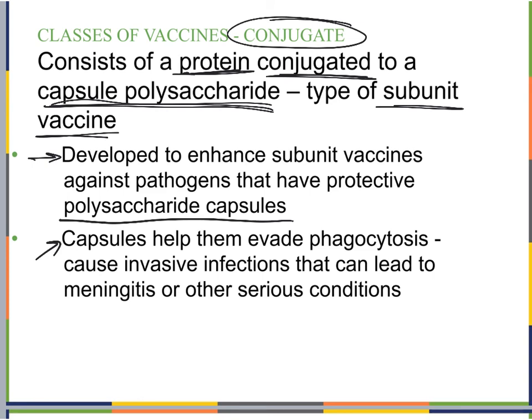And so if we can make a vaccine that has that polysaccharide capsule and we give it to the people, then our body can be exposed to it, create immunity to it, and then when we are exposed again, we'll have an easier time fighting it off. It does cause invasive infections that can lead to various serious situations like meningitis or other serious conditions.